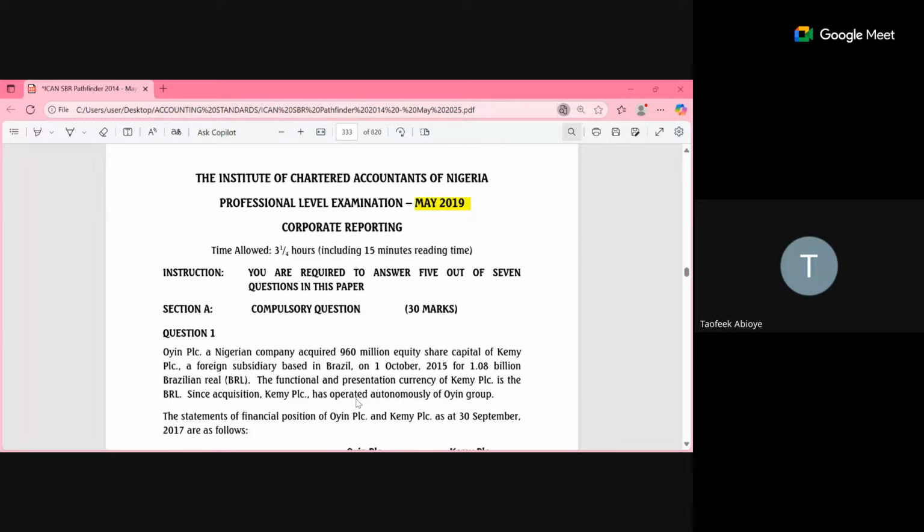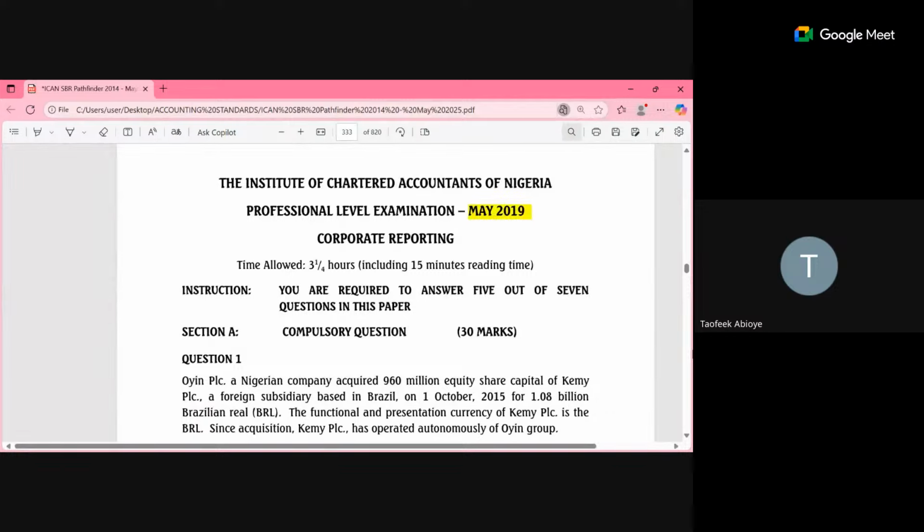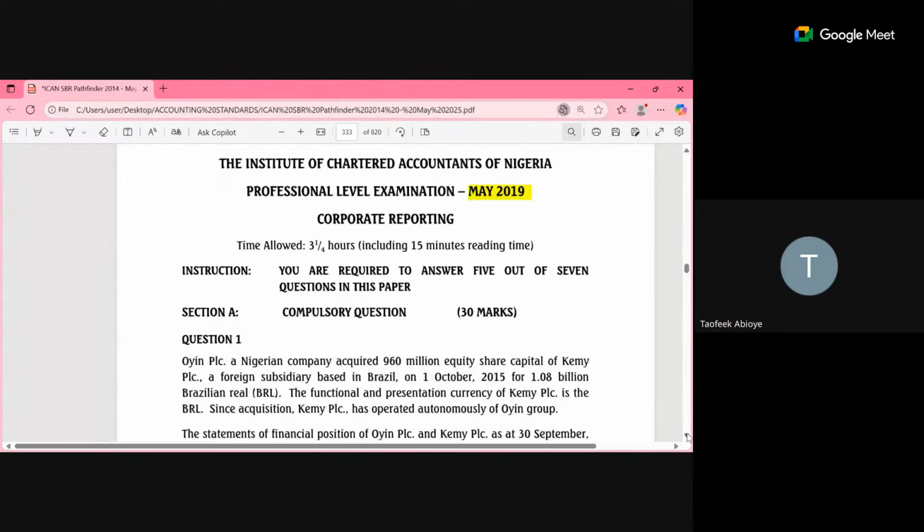So now Oyin PLC, a Nigerian company, acquired 960 million equity shares of Kemi PLC, a foreign subsidiary based in Brazil, on 1st October 2015. According to that information, Oyin is the parent company.